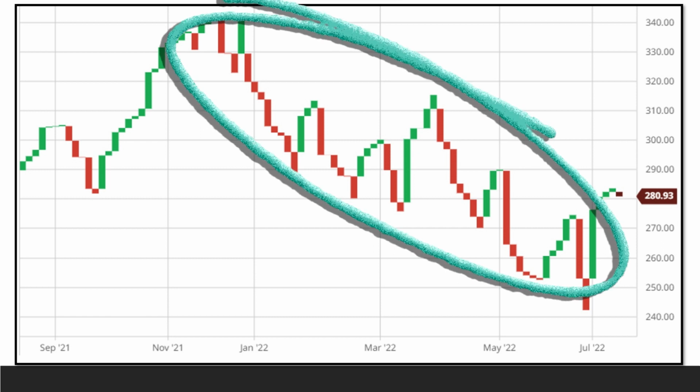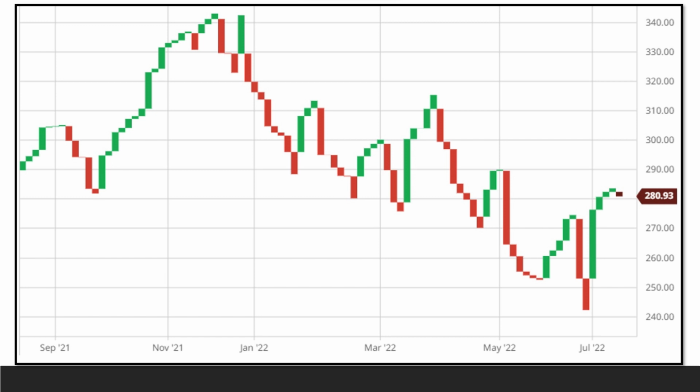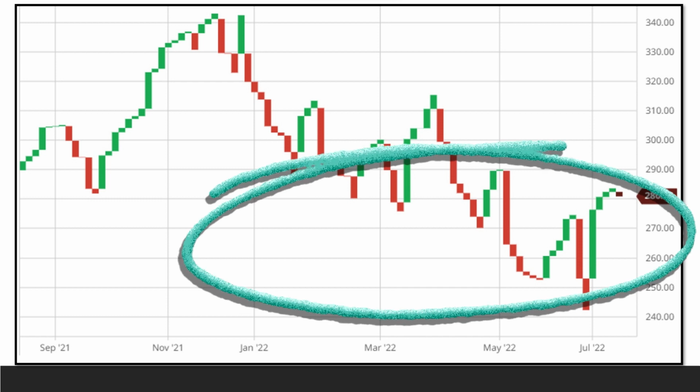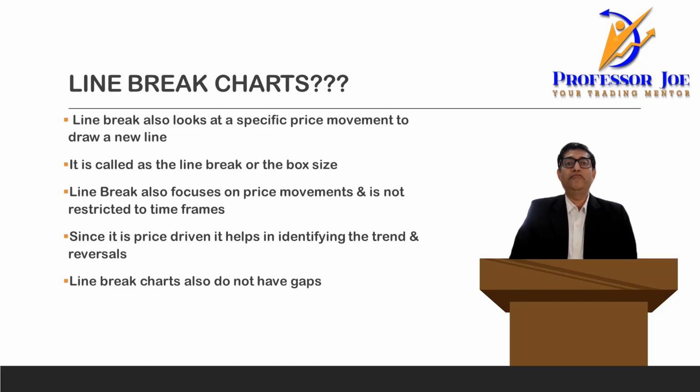Line break also focuses on price movement and does not restrict itself to time frames. Since it is price driven, it helps in identifying the trend and reversals. Line break charts also do not have any gaps. So these are some of the key features of a line break chart.